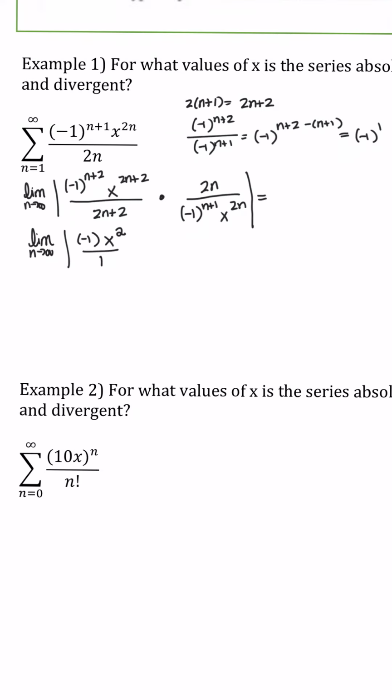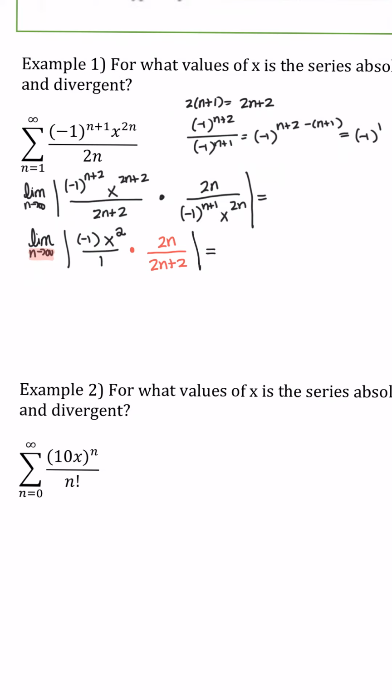And then what I like to do, because the limit is as n approaches infinity, I like to isolate all of the polynomial type n's. Anything left with an n, I should say. So I have 2n over 2n plus 2. What that allows me to do is really think about what the limit as n approaches infinity is doing, because the negative 1 x squared is now just hanging out.